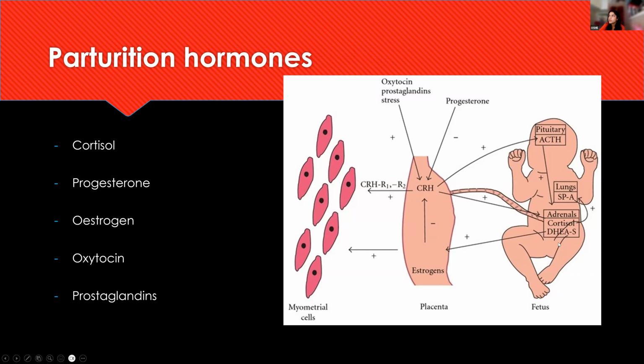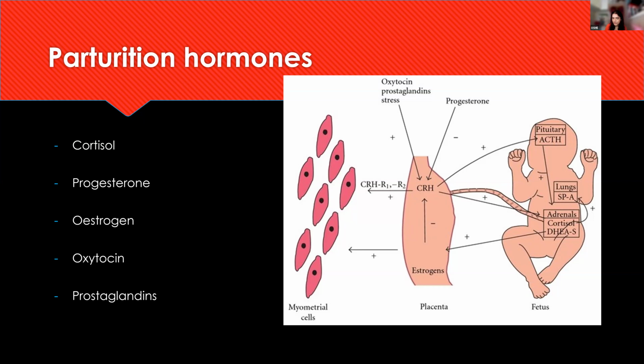I've included this diagram here to talk a bit about the role of cortisol in parturition. As the fetus grows, the placenta and the fetal adrenal glands grow, and this increases cortisol secretion. I do think this is a good diagram for understanding how cortisol levels increase towards the end of pregnancy, causing all these changes and eventually birth.